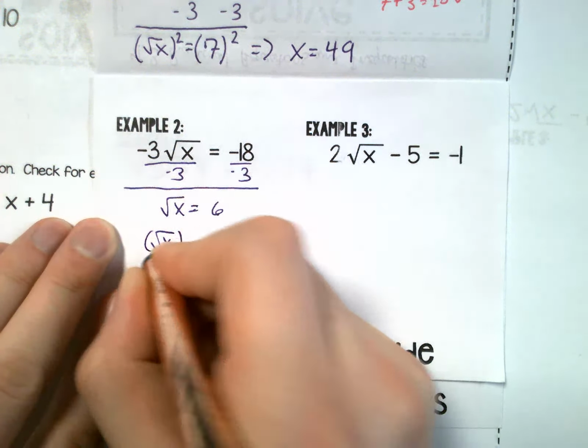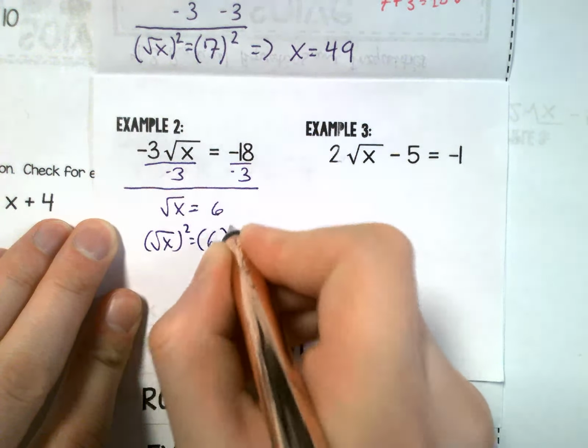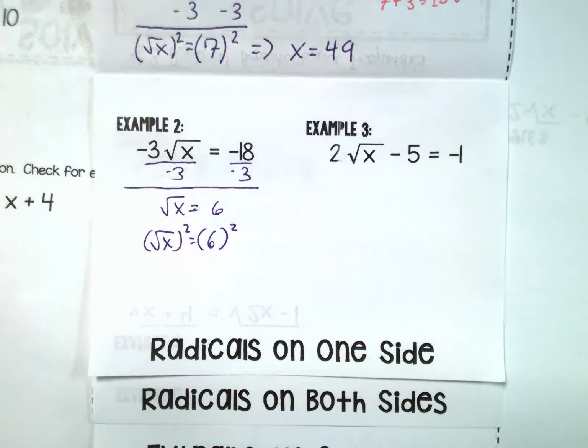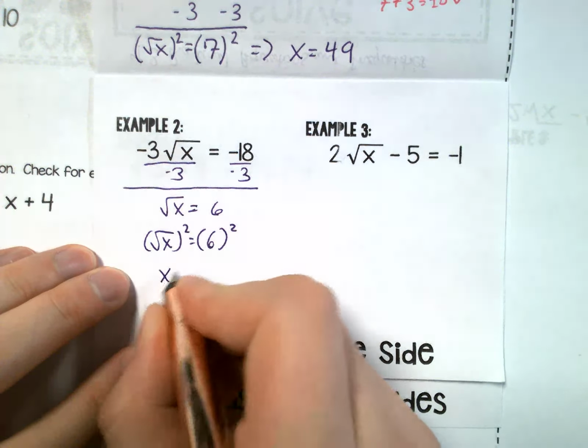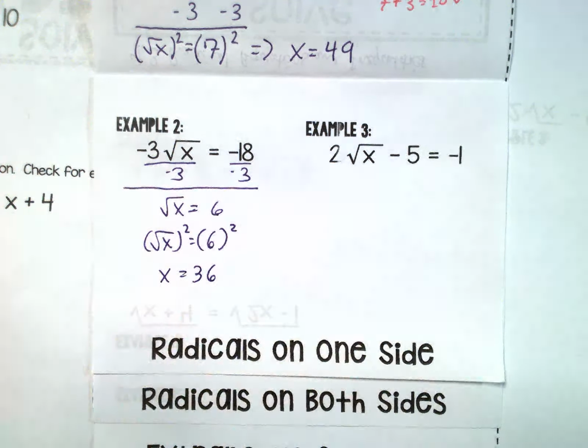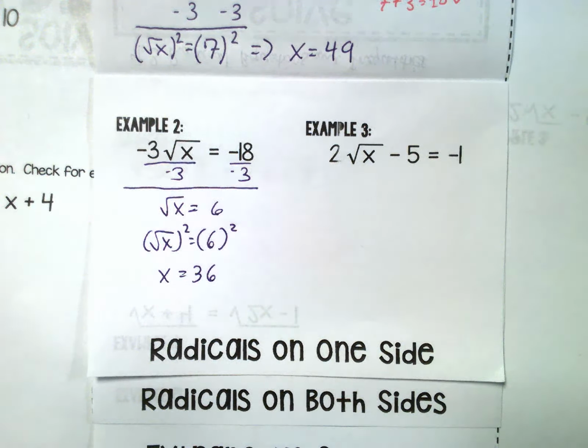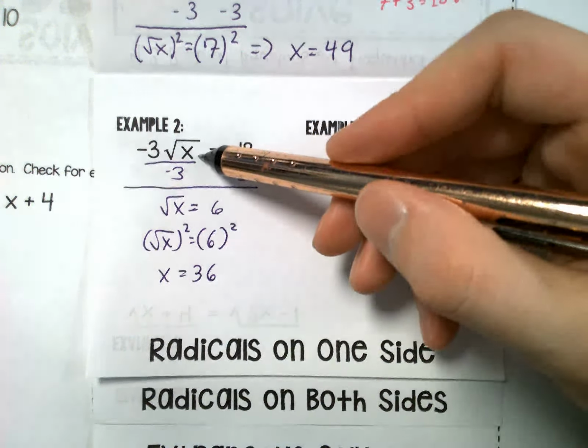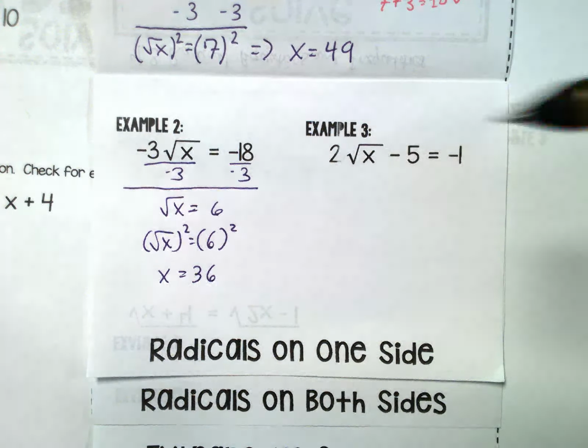And I'm going to square both sides, showing it on a separate line here. So I get x equals 36. If I plug that back in, I get square root of 36 times -3 gives me -18, because square root of 36 is 6, and 6 times -3 is -18.